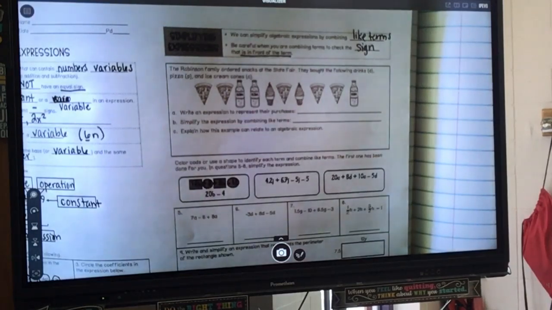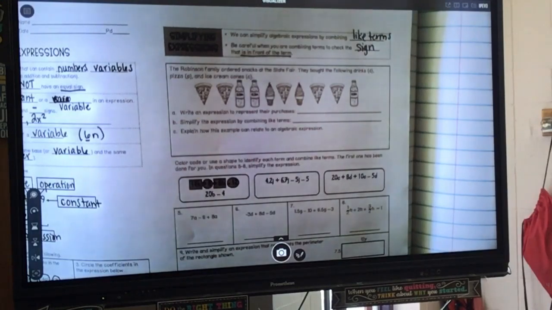Alright, so it says, the Robinson family ordered snacks at the state fair. They bought the following: drinks D, pizza P, and ice cream C. Write an expression to represent their purchases. So with this, pick whatever color you want to represent pizza.